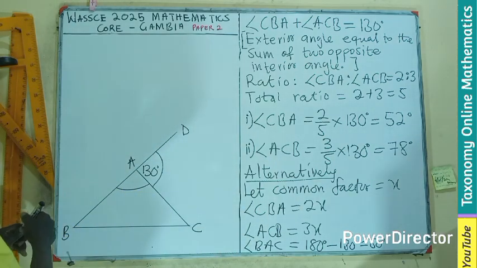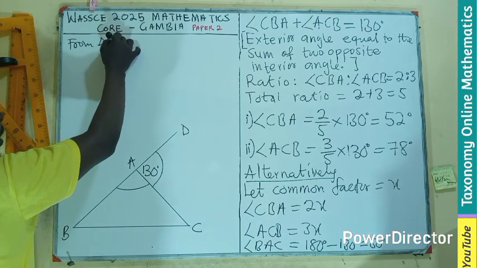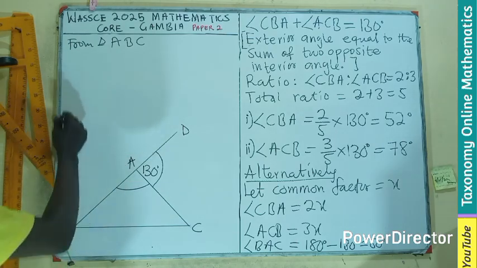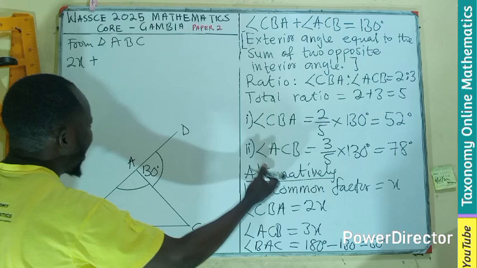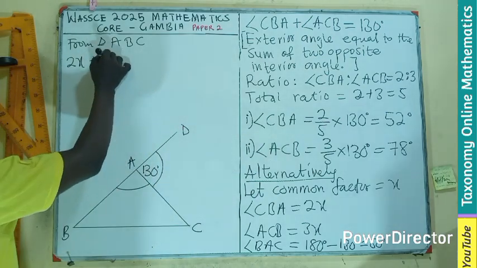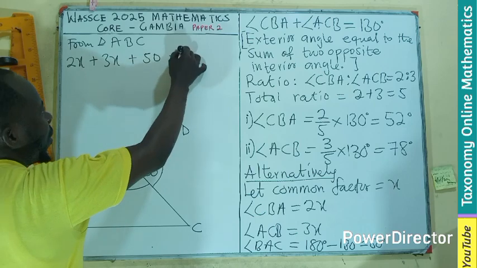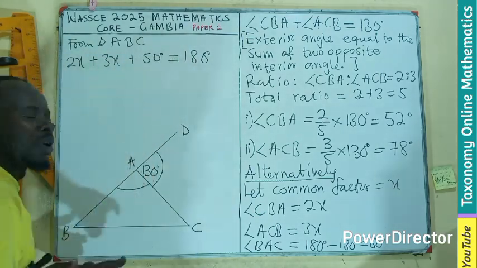Then from triangle ABC, I can add this angle, 2x, plus this angle, 3x, plus this angle, 50, and all must give 180, the sum of the angles in a triangle.